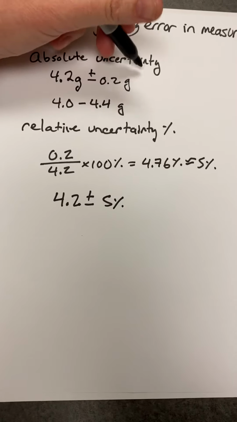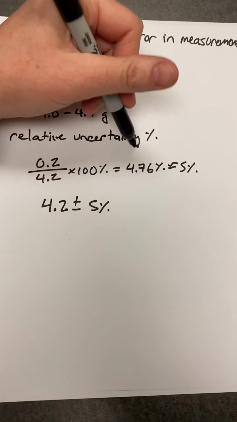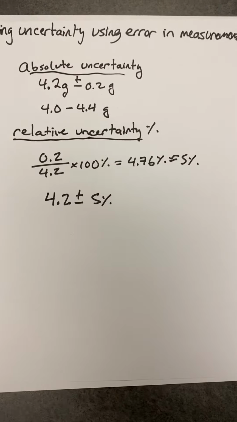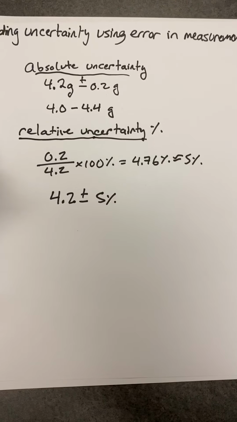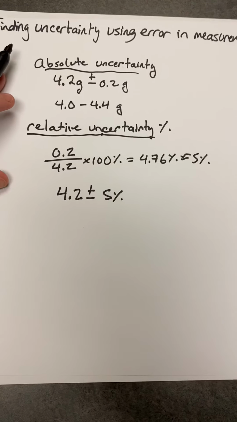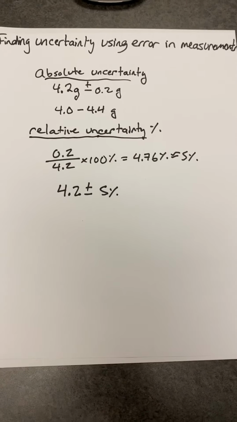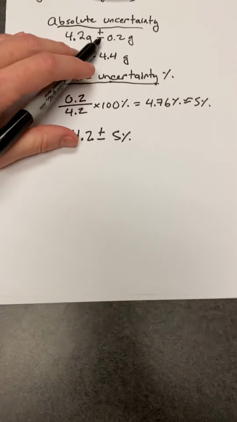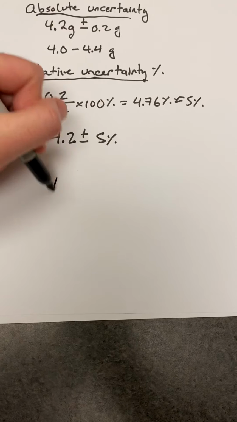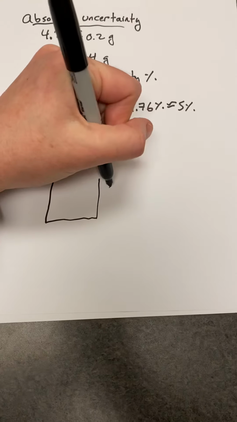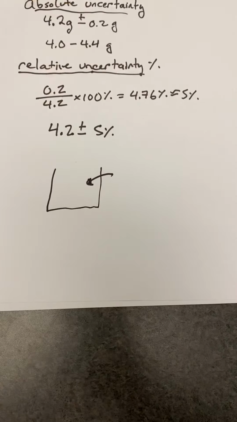And so knowing how to do these two, and even go back and forth between them, becomes relatively important in propagating error throughout a calculation. So let's do a calculation. Let's say that you have a beaker, and in that beaker, let's say you throw some things in there.